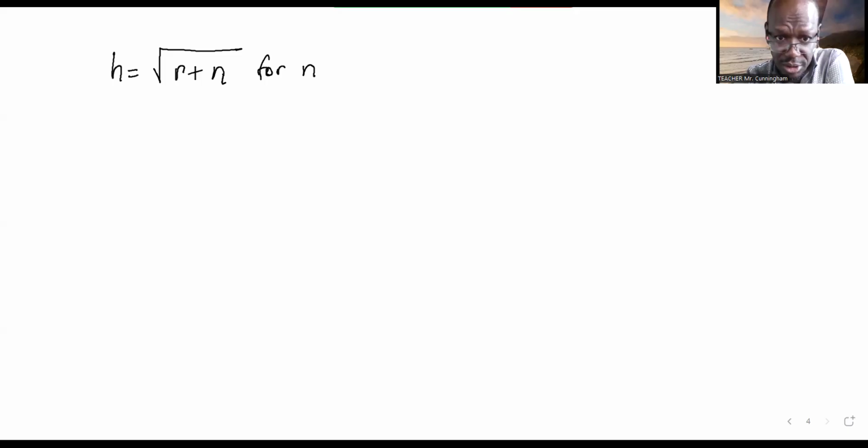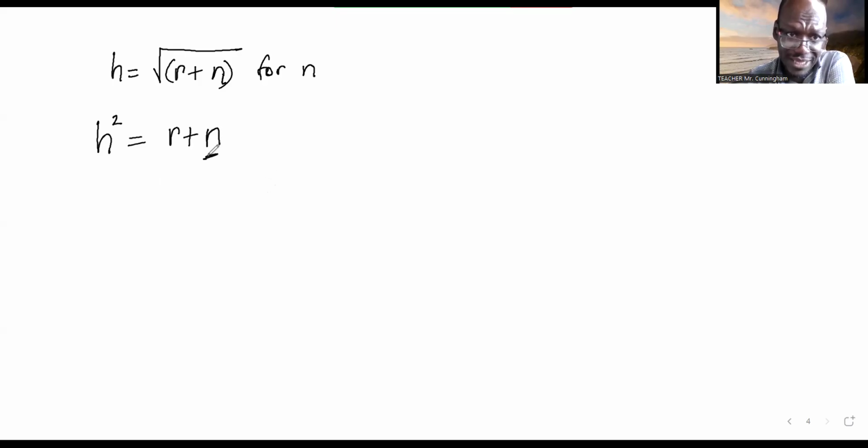All right, so n is equal to h minus. No, we're not using the square root sign again, just here. Watch out. Because it's square root and everything here is square rooted, to remove the square root sign, we have to square. The opposite of what we're doing, right? So it's h squared is equal to r plus n.